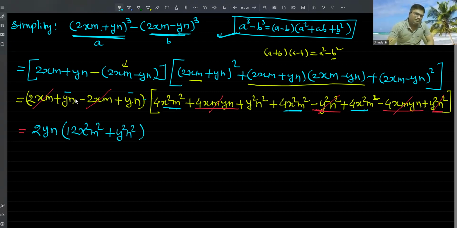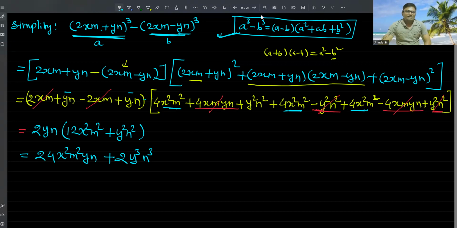Now the last step: we have to distribute 2yn in this bracket, which means we simply have to multiply the algebraic expression. So 2 times yn and 12 times x²m² will give us 24x²m²yn, and 2 times yn into y²n² will give us 2y³n³.